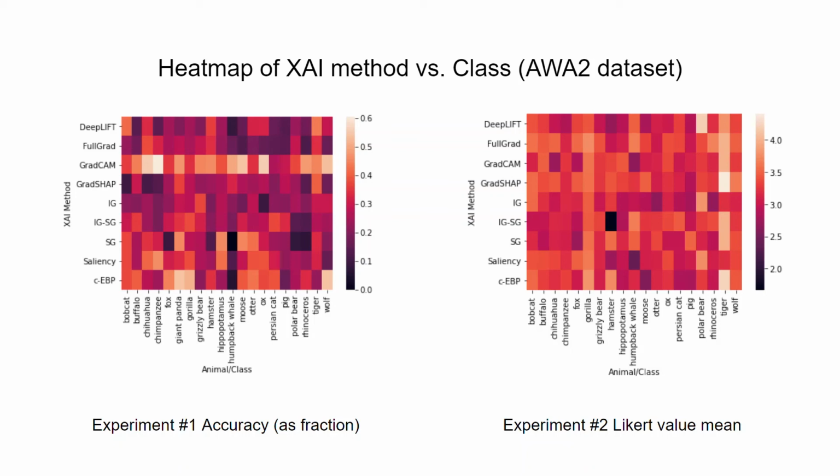This similar phenomenon is observed in the right picture, which shows the heat map of the mean Likert values in experiment number 2. For the methods against each class, the classes gorilla and tiger are relatively lighter, contrasted with the classes humpback whale, pig, and rhinoceros, which are relatively darker, as seen by their corresponding columns. This phenomenon suggests that explainability differs among individual classes.